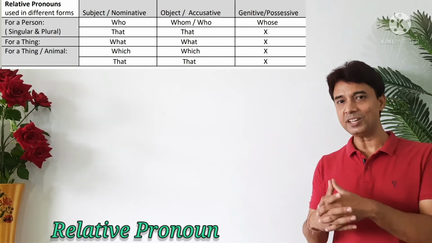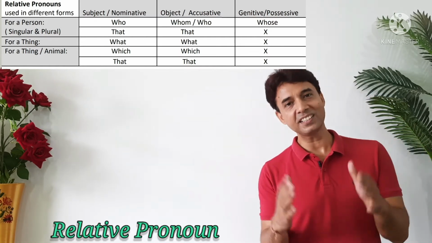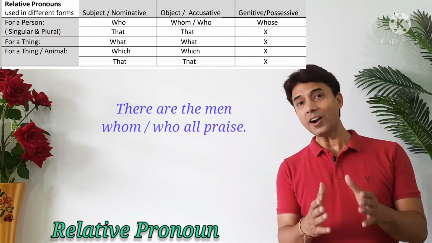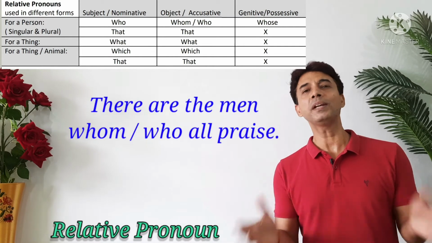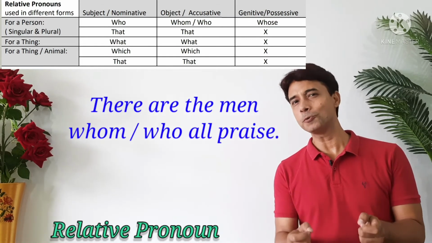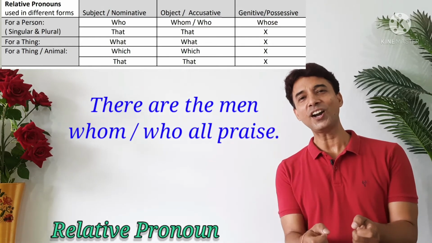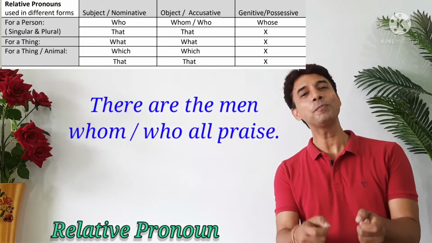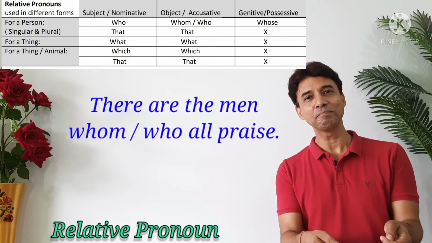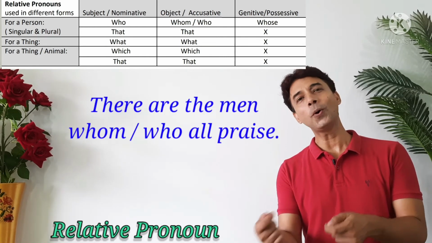And here is a chart that you can understand. There are the men whom all praise. So who stands for the men, and the men are the receiver of action, whom all praise means people praise them. So we will say whom all praise.